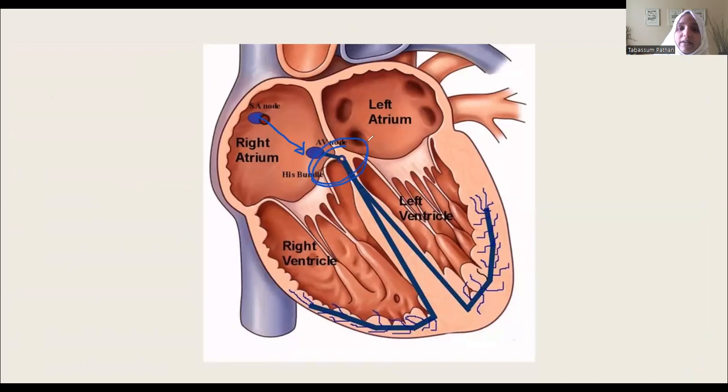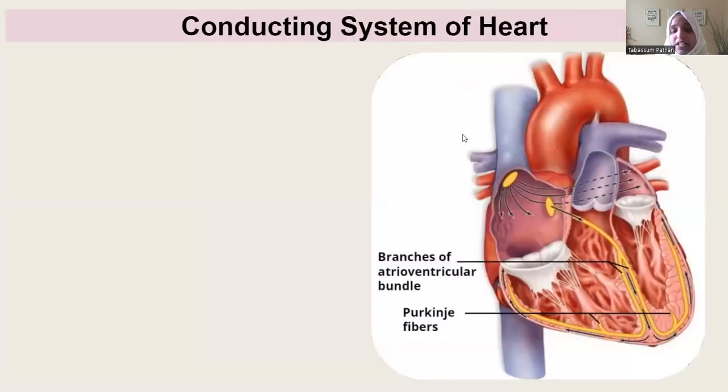Here is the bundle of His, and this is how the signal travels. When the signal is in the atrium, contraction is brought about there, and when the signal passes over here, contraction is brought about here. We will see how contraction and relaxation happen in the next video.